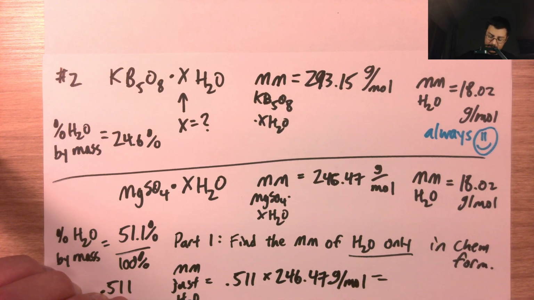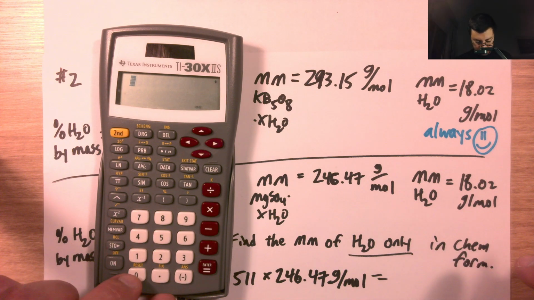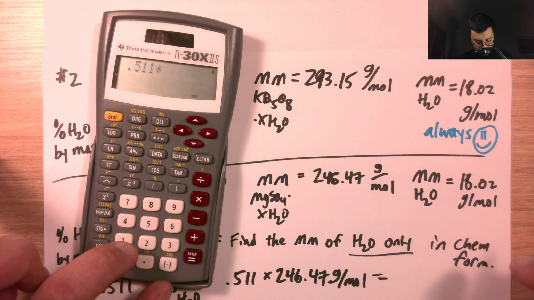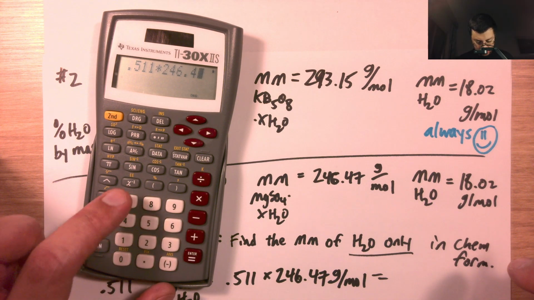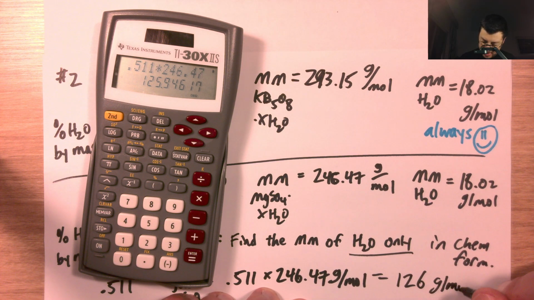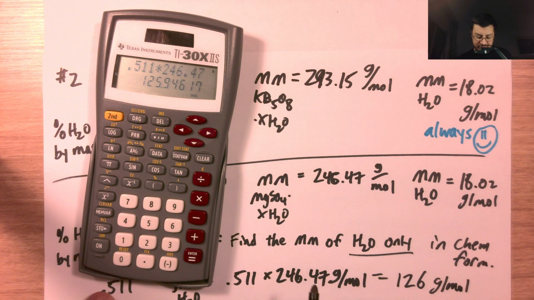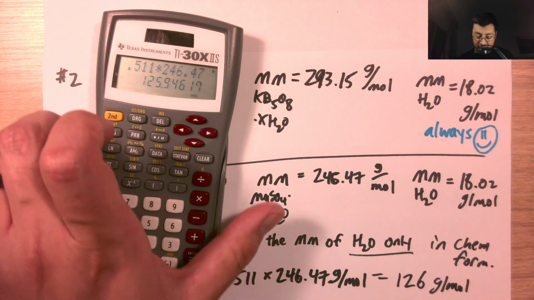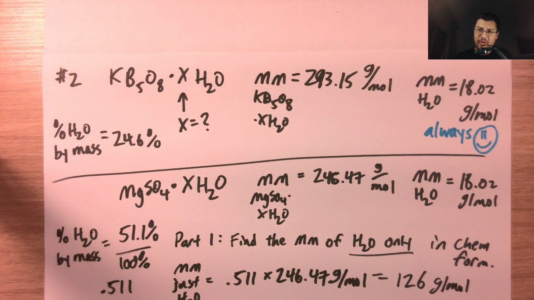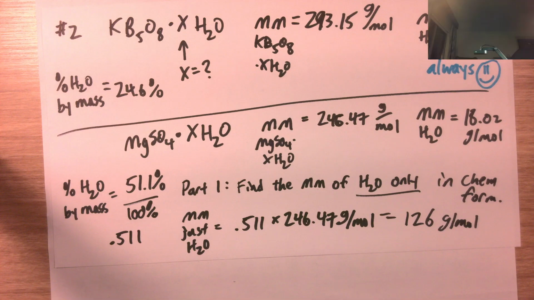All right, and that'll get us something. 126 grams per mole. I don't think we need to carry extra digits here. We can just follow sig figs on the fly. They have you round to a whole number anyways in this problem. All right, so the second part of the problem, I need another paper.